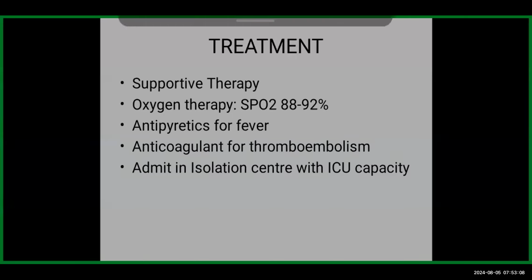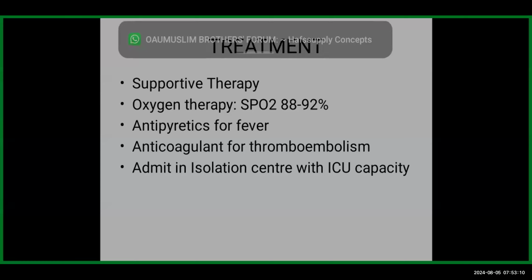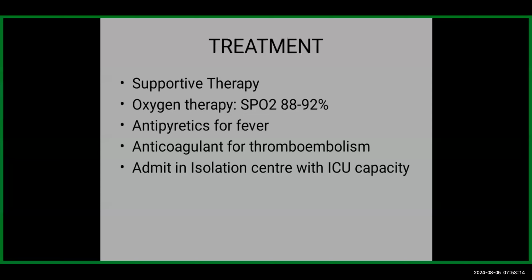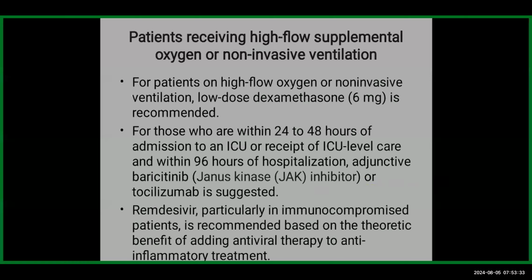Antipyretic, like I said, if there is no contraindication, can be given for fever, or paracetamol can also be used. Because of the high level of FDP, they may be prone to thromboembolism. The patient will also benefit from anticoagulants, and has to be admitted into an isolation center with ICU capacity.